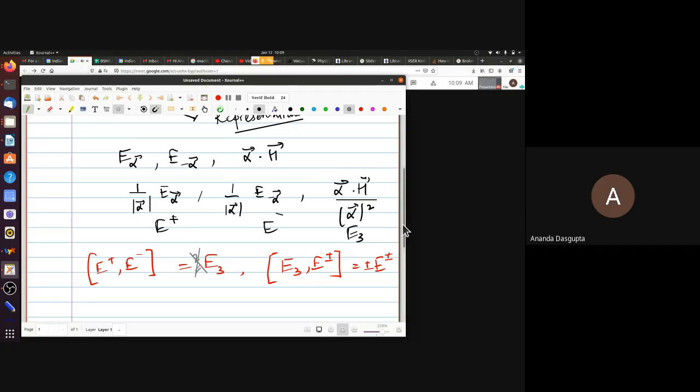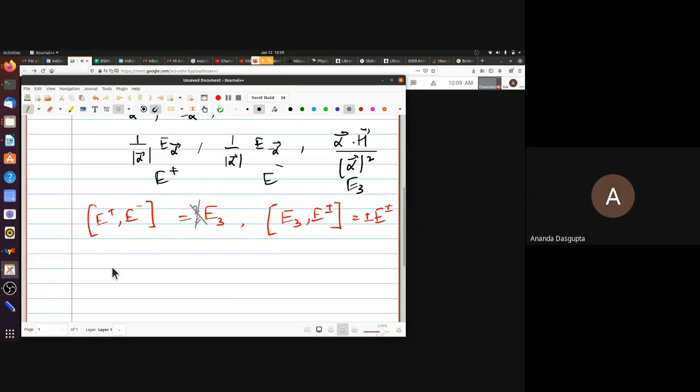And the other important point is that because we have to deal with many different SU2s, one for each alpha, minus alpha pair, we will sometimes write something like E plus with alpha in a bracket here, which will just indicate that we are talking about the raising lowering, or E3, for the alpha, minus alpha, alpha dot H subalgebra.